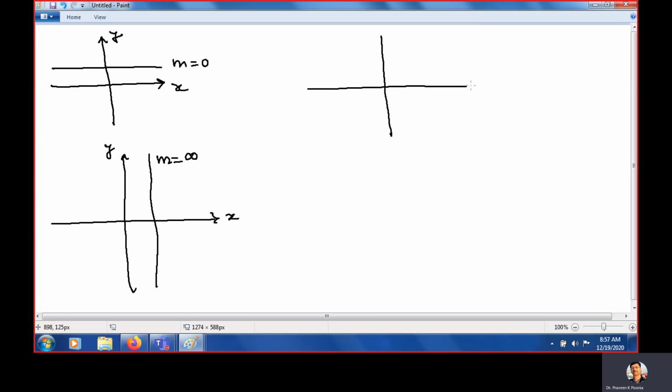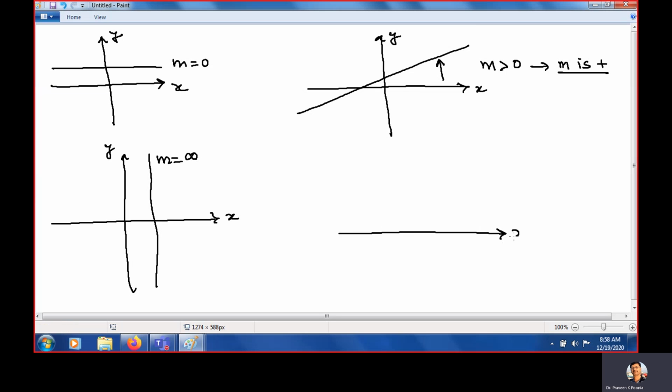And if this is x-axis and this is y-axis, and we get a line like this, this is upside. So m is greater than 0. M is plus. Okay? And if we get it like this, this is x-axis, this is y-axis. Clear? And we get a line like this. This is down. So this is m less than 0. That is m is minus.